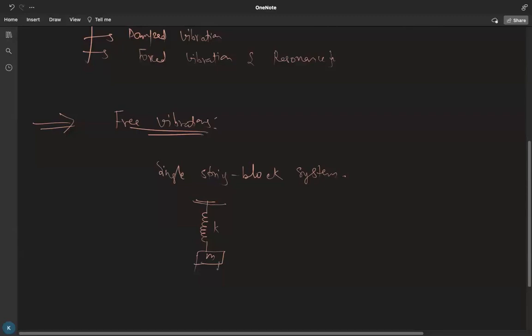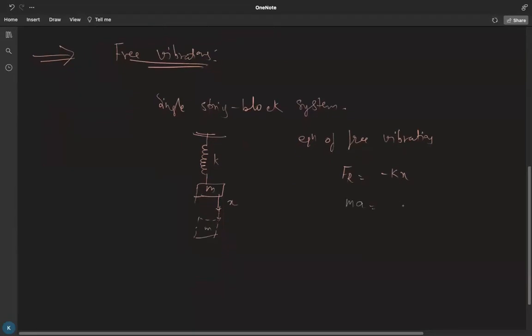That means when I pull that mass by a length x from its mean position, and release it at the displaced position x, we can write the equation of motion as we wrote earlier. The equation of free vibrations: the restoring force is equal to minus kx. So mass into acceleration is equal to minus kx, so acceleration is minus k by m into x.